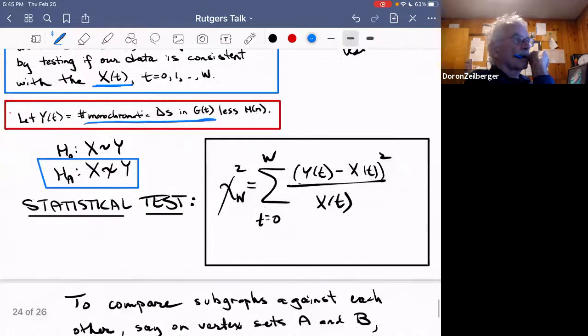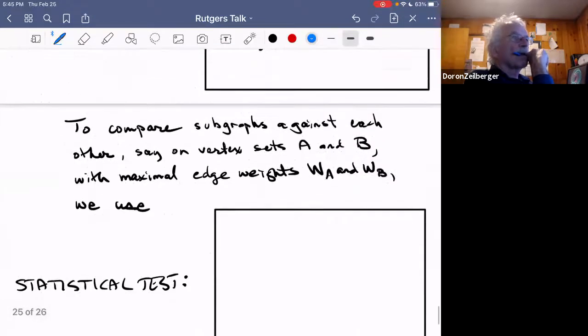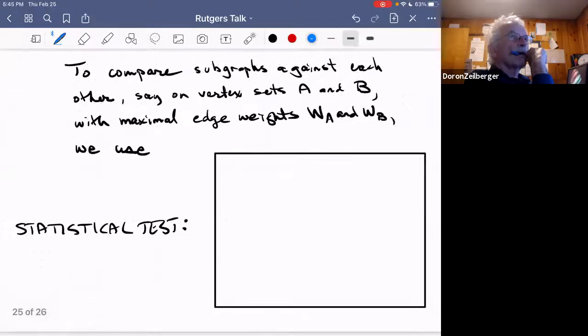You can also compare subgraphs against each other. So maybe you have a very large set. You want to know, does this particular group of, say, Republicans vote like this particular group of Democrats? So some kind of subset of each of those. You can compare those against each other to see how they vote.